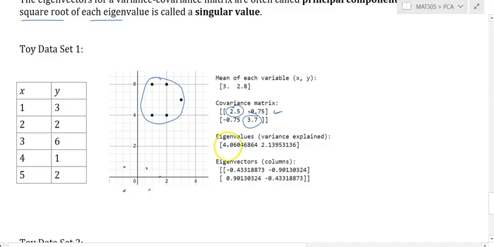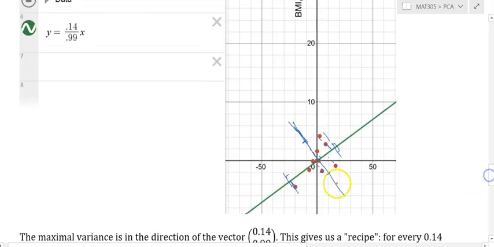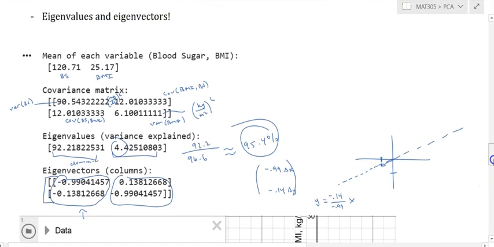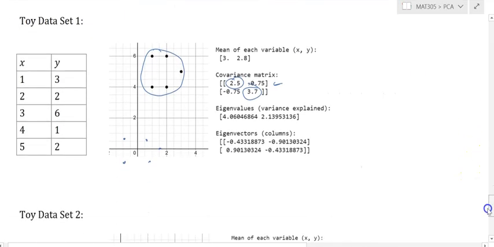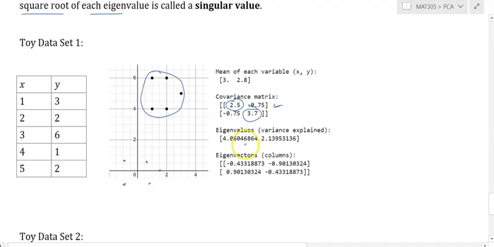Now I want you to notice that these eigenvalues are much closer together than they were in the example above, where the data really did have a strongly dominant direction. In fact, so much so that that eigenvalue consumed the majority of the variance that we observed. So in this particular example, we might say roughly 4.1 divided by the entire variance, the sum of 4.1 and 2.1, which is about 6.2.